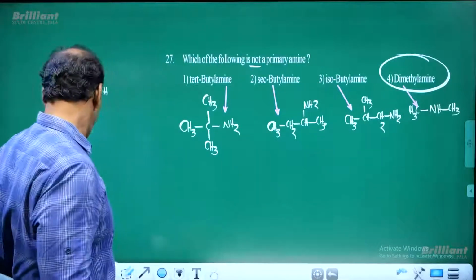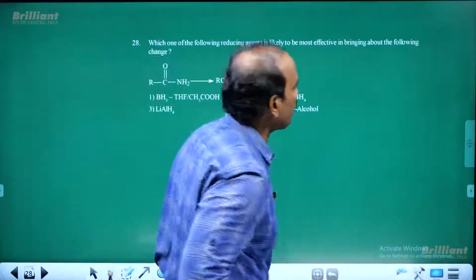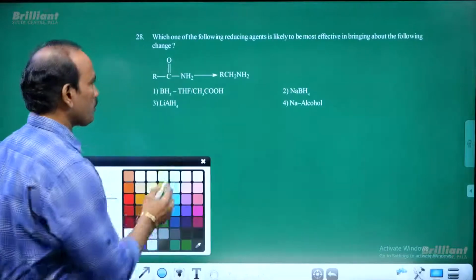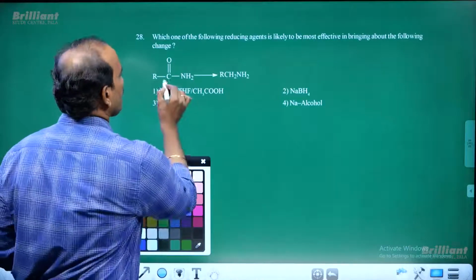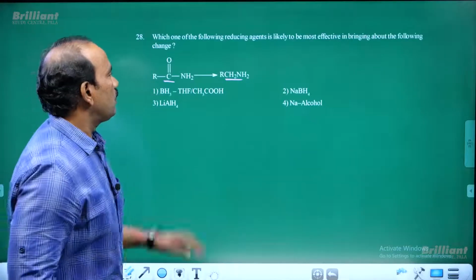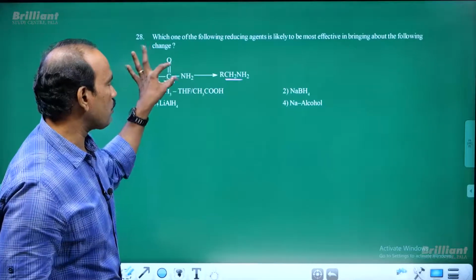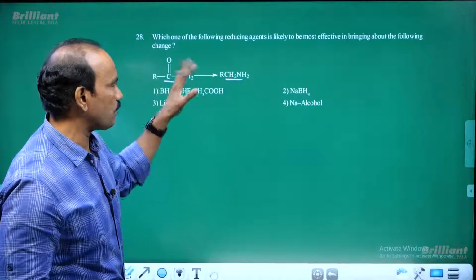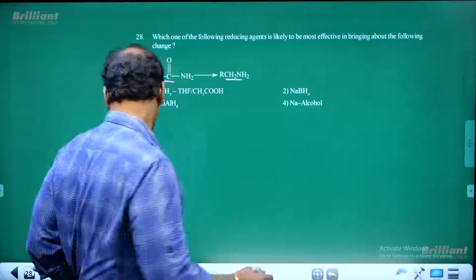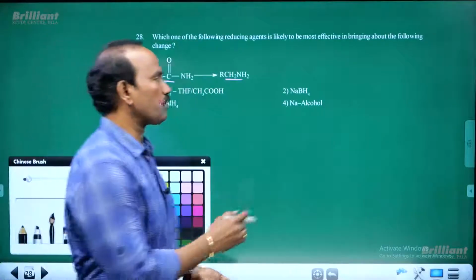Clear? Which of the following reagents is most effective in bringing about the following conversion? Listen. Here, what did you observe? Here carbon is there. Here carbon is not there. RCH2 or C double bond O NH2, same number of carbons. When the number of carbons decreases, that is called Hofmann degradation. So here you have to check amide to primary amines properly.